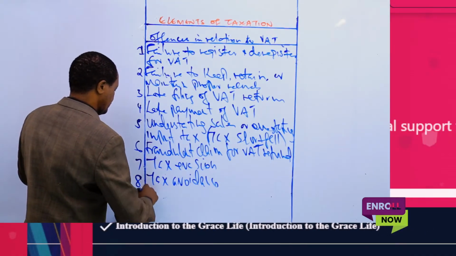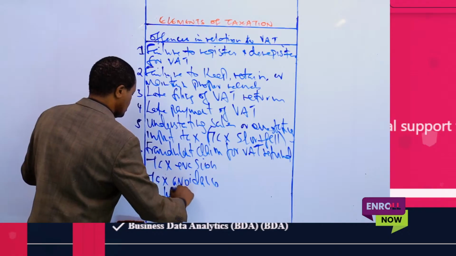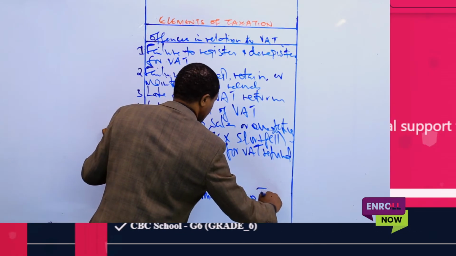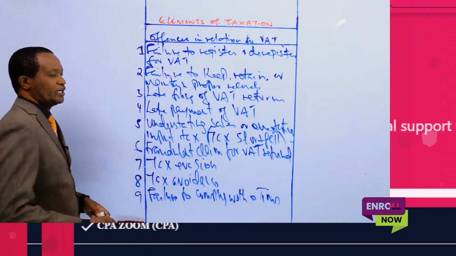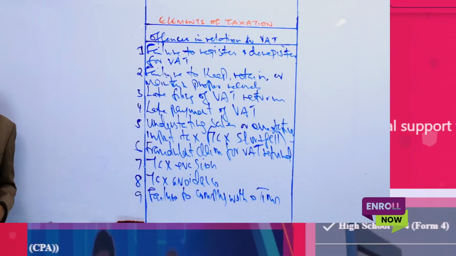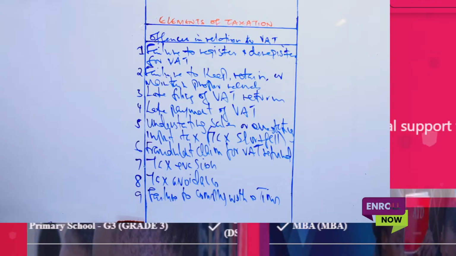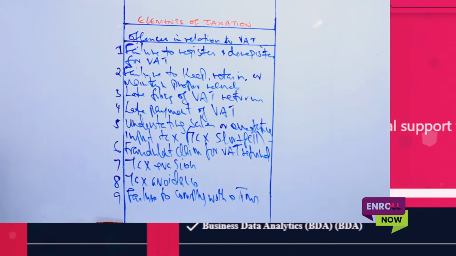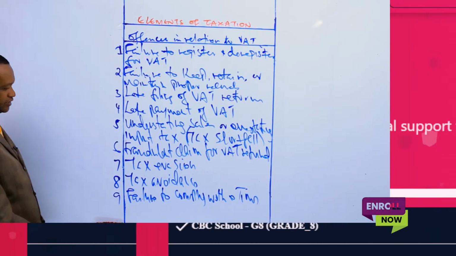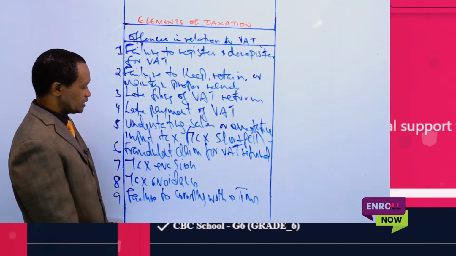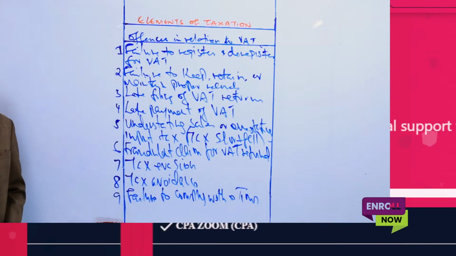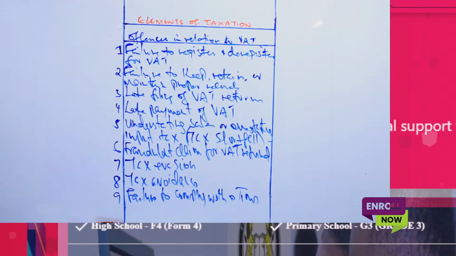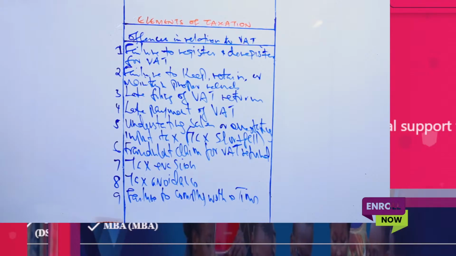9, failure to comply with e-TIMS. Failure to comply with electronic tax system. The penalty for failing to comply with e-TIMS is 100,000 shillings if satisfactory reasons for non-compliance are not provided within 14 days of KRA's request.